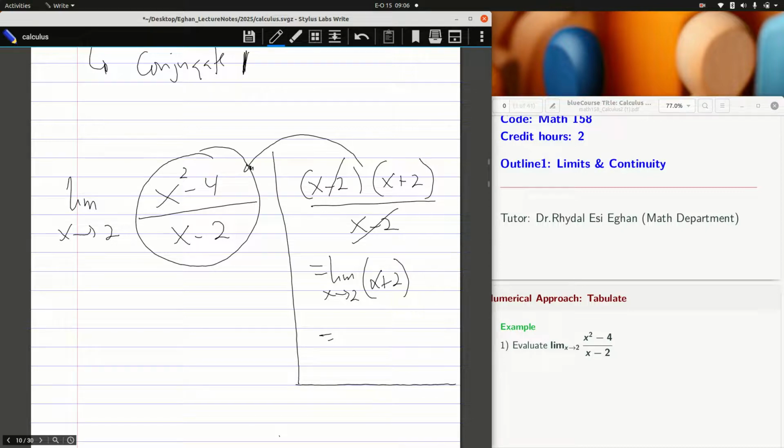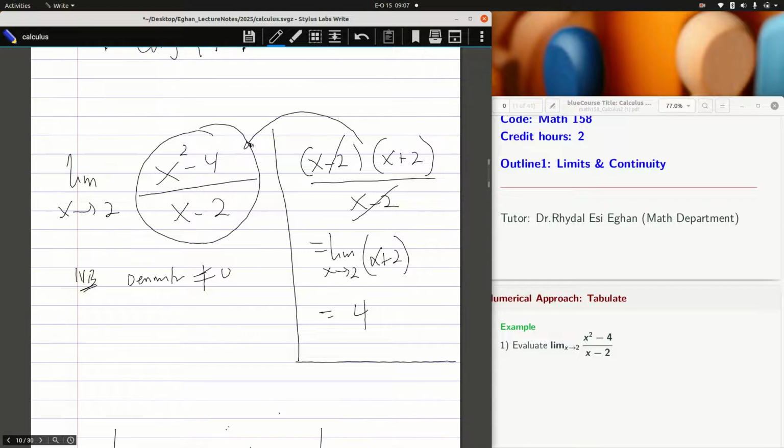And hence, my answer is going to be 4. You realize that we first have to always check, even before we do a factorization, what do we have to check? We have to check that our denominator is never equal to 0 when you do the substitution. If it's 0, then I can do a factorization. Okay, so that's it for that.